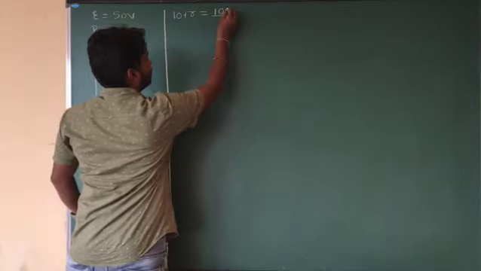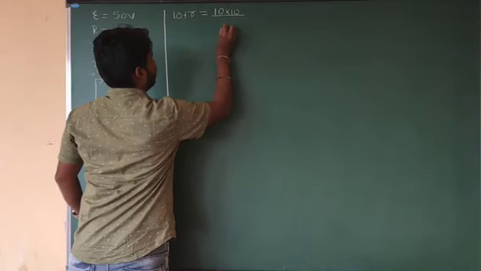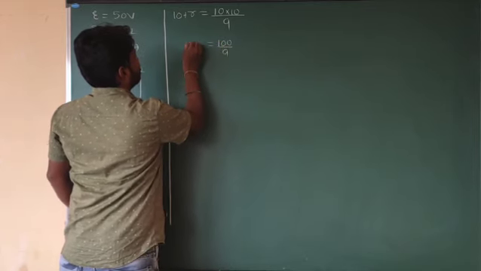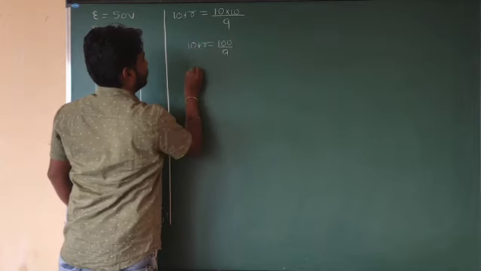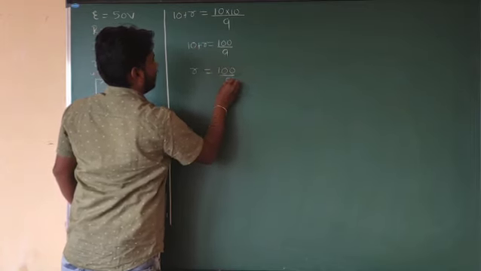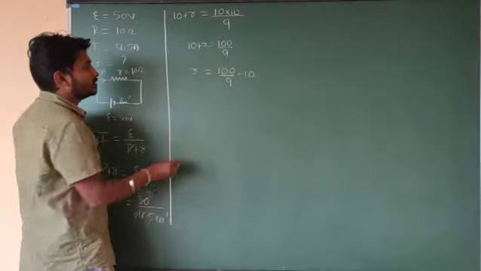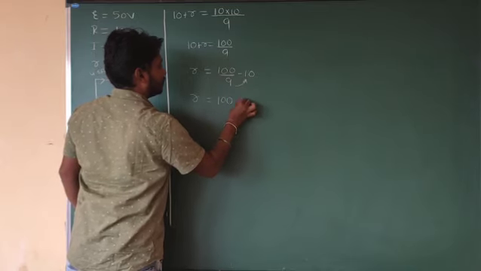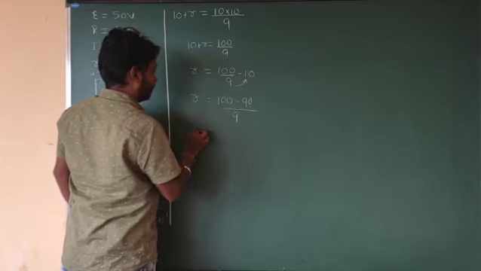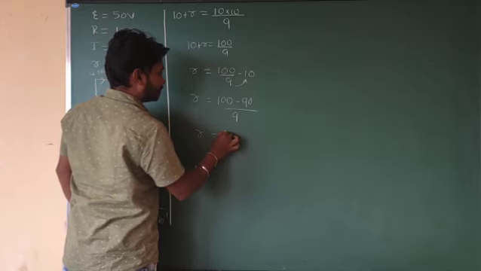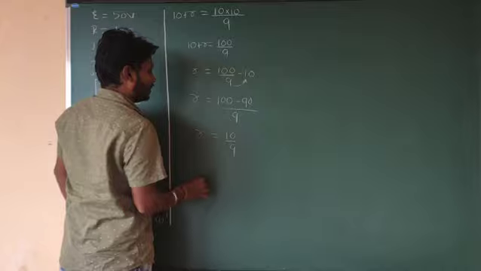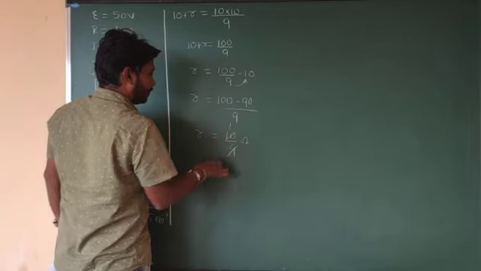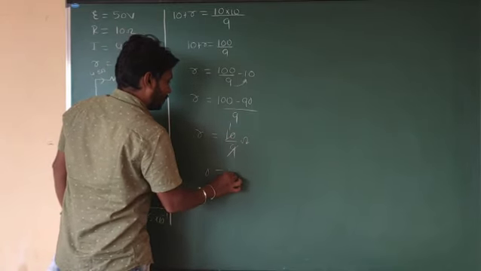When it goes to the numerator, that is 10 to the power of 1, so 100 by 9 is equal to 10 plus r. Taking 10 to the right side, r is 100 by 9 minus 10. Simplifying, the internal resistance of the cell is 10 by 9 ohm, which is 1.1 ohm.